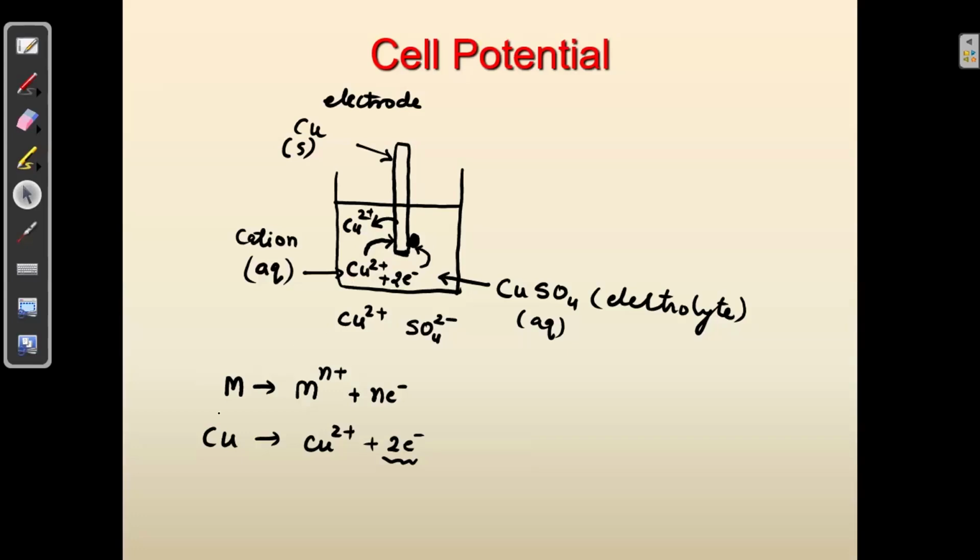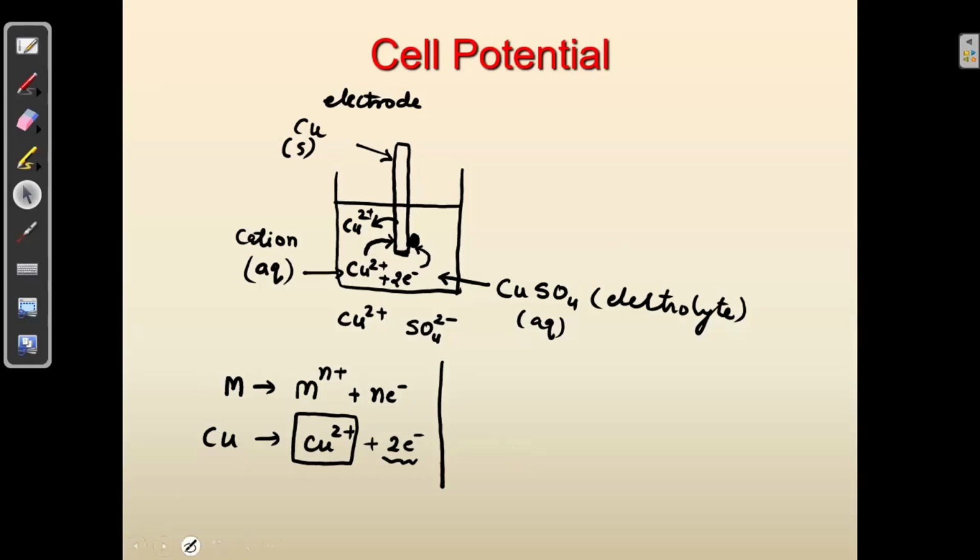Now why is this happening? Because copper ions require electrons. Suppose I have zinc instead of copper, then the solution will become zinc sulfate.